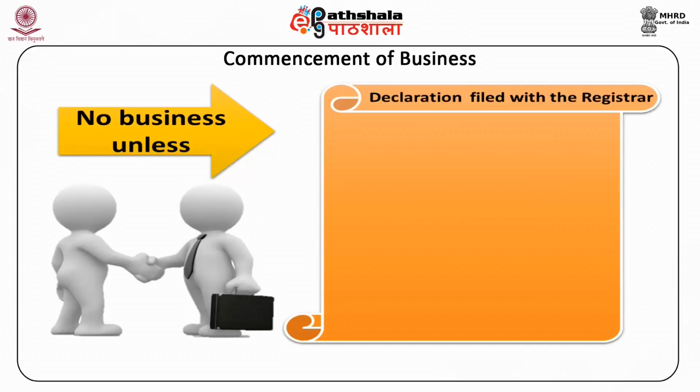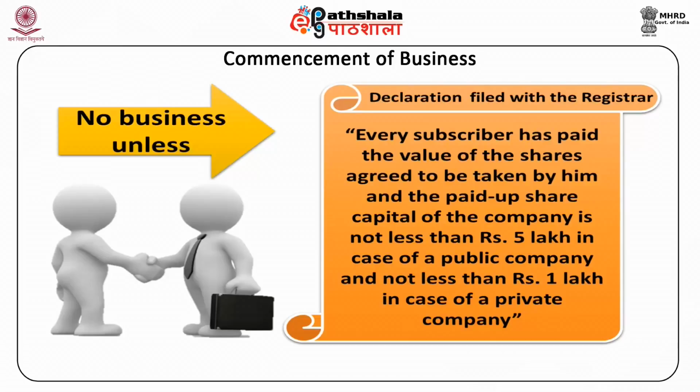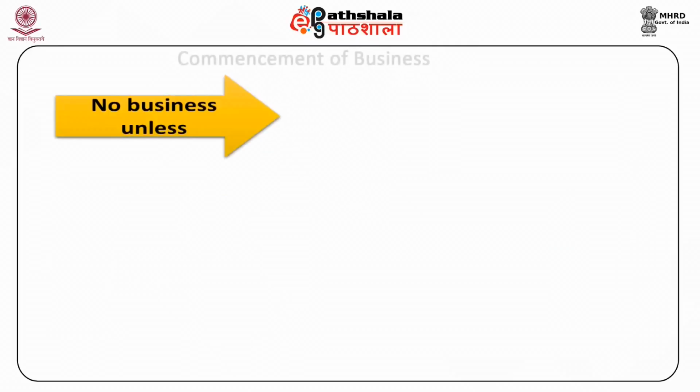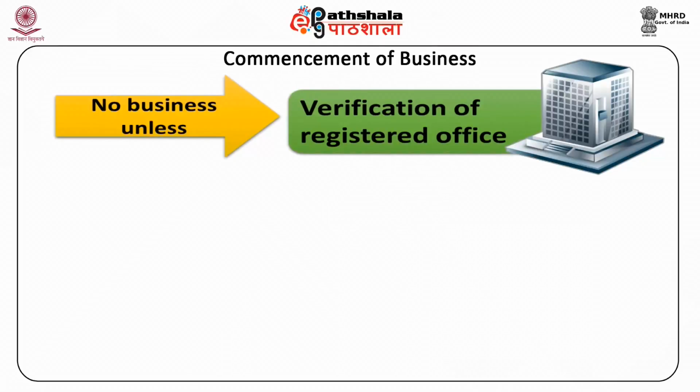A declaration is filed by a director in such form and verified in such manner as may be prescribed with the registrar that every subscriber to the memorandum has paid the value of shares agreed to be taken by him, and the paid up share capital of the company is not less than rupees 5 lakhs in case of a public company and not less than 1 lakh in case of a private company on the date of making of this declaration, and b. The company has filed with the registrar a verification of its registered office.